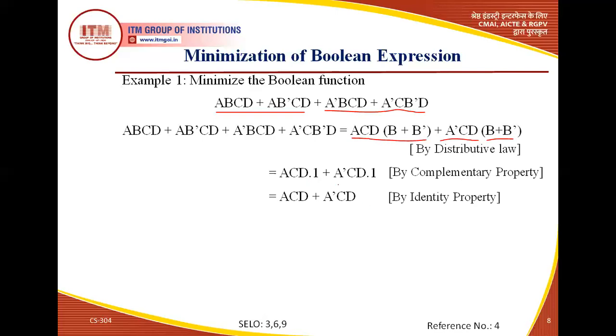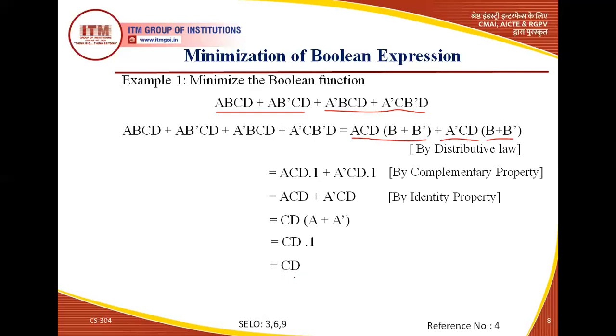So when we apply the identity property, we get ACD plus A dash CD. Now we take CD common from both the terms by using the distributive law again. Okay, and now we get A plus A dash equal to 1 by using the complementary property, and by the identity property CD dot 1 equal to CD. So when we minimize the given Boolean function, we get CD.